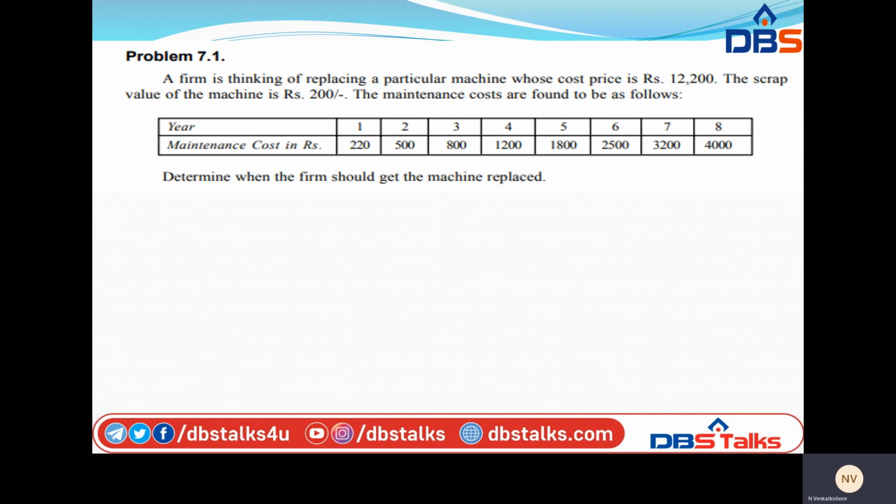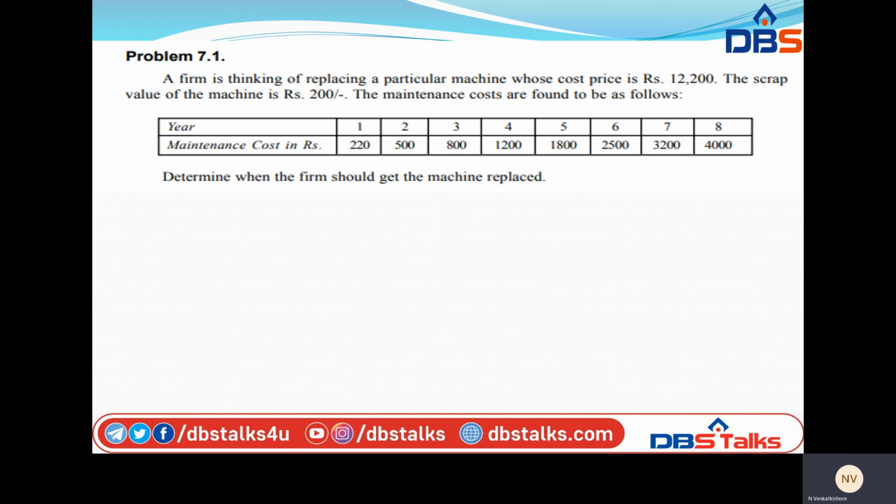Even if you use it for 2 years and return it as scrap, the item value is 200 only. So at any stage the resale or scrap value is 200 only.